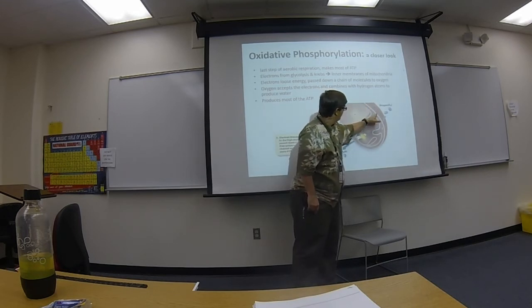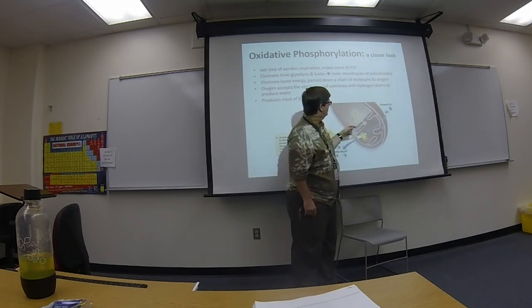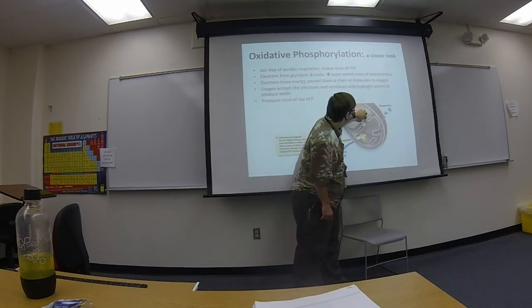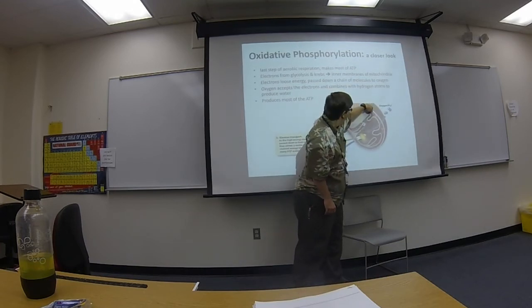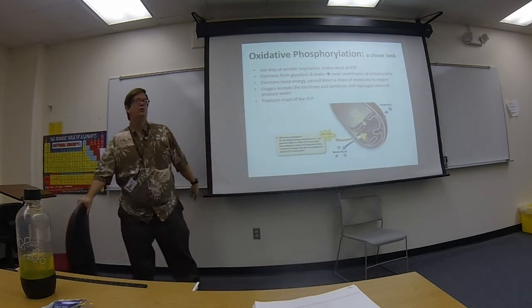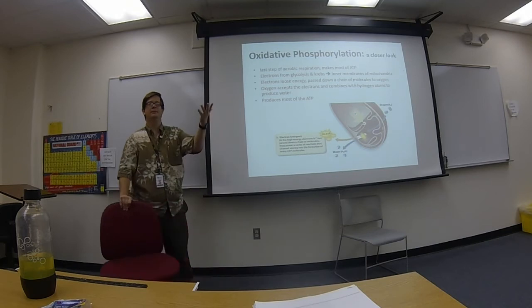We have an outer membrane and we have an inner membrane. The inner membrane has the electron transport chain. The inner membrane has the ATP synthase. We're going to be pumping hydrogen from the middle of the mitochondria into the space between those membranes. And then it will flow back to the middle through the only method it has to go, a hole through the ATP synthase. Right?